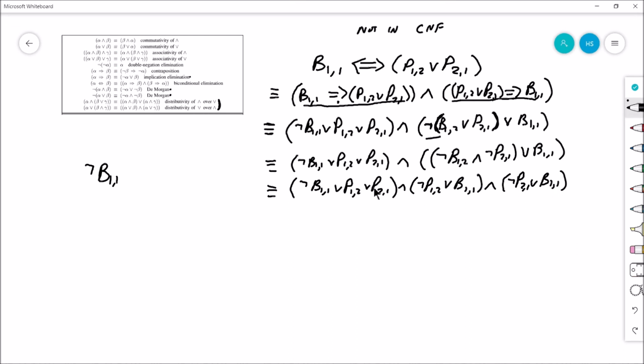Once we've made that final application of the distributivity laws, we end up with something that is actually in conjunctive normal form. So this is in CNF. There's one clause, there's another clause, there's another clause, and they're all linked together with ands, and the negations are all in the right place.